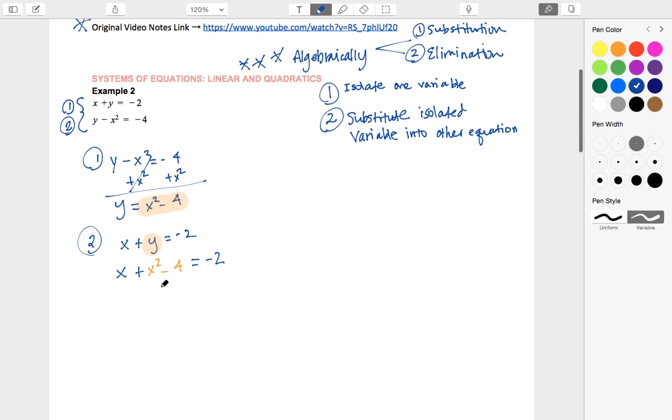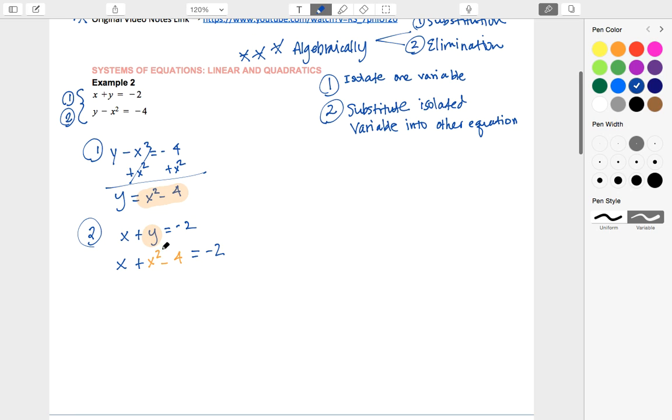I just substituted this expression in for y, and we can see if we can combine any like terms. Well, x plus x squared minus 4 can't be combined, so I'm just going to rearrange these where I have the x squared as my first term. So I have x squared plus x minus 4.